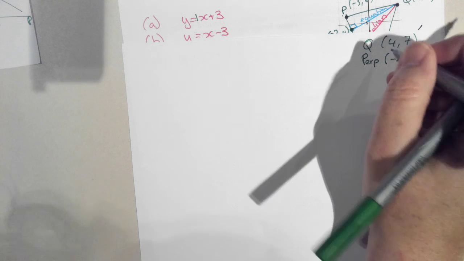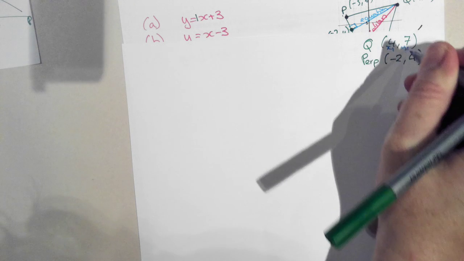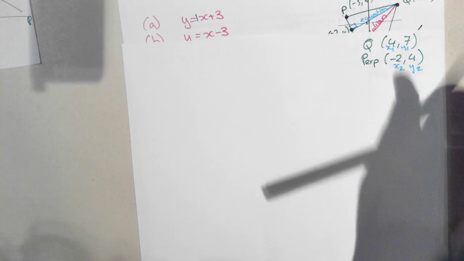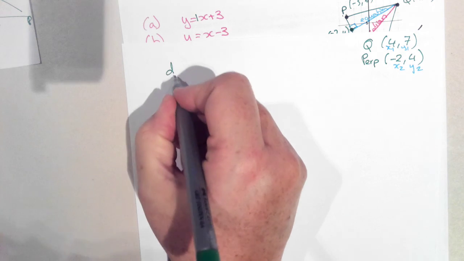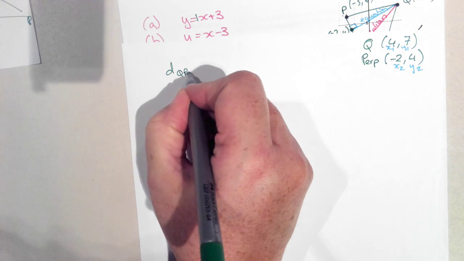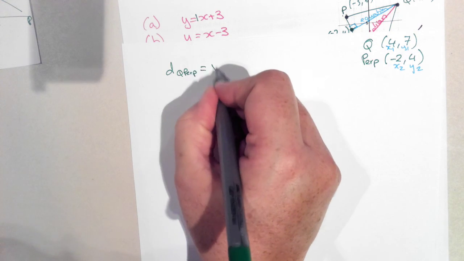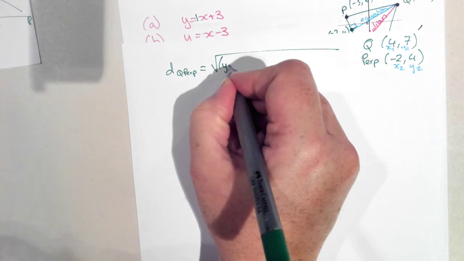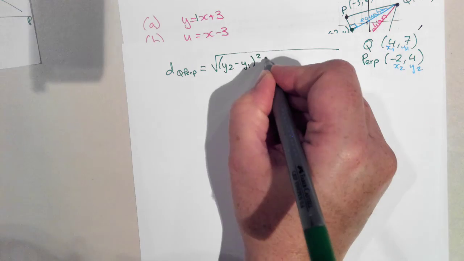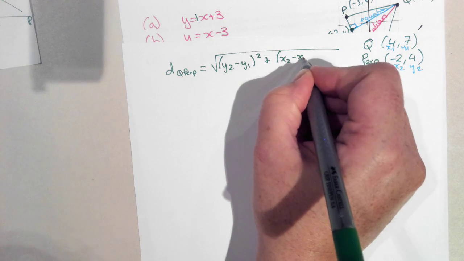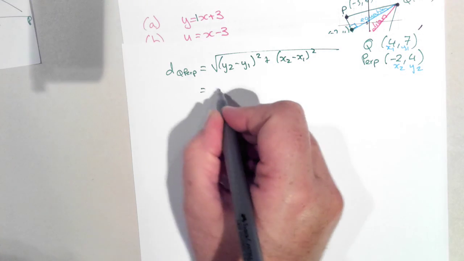So I'm going to call it x1, y1, x2, y2. My distance of Q to the perpendicular is the square root of y2 minus y1 squared plus x2 minus x1 all squared.